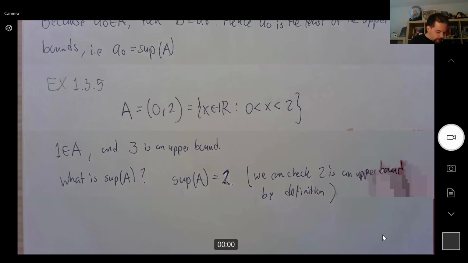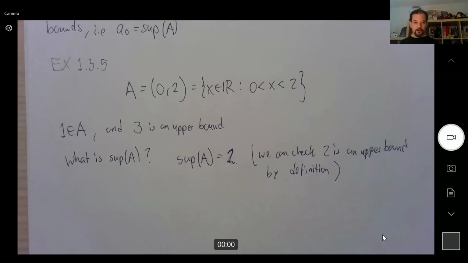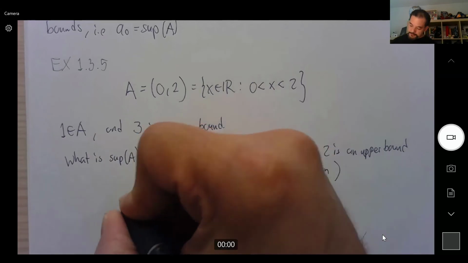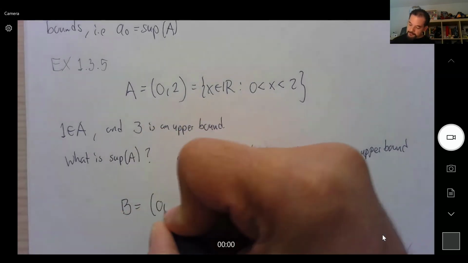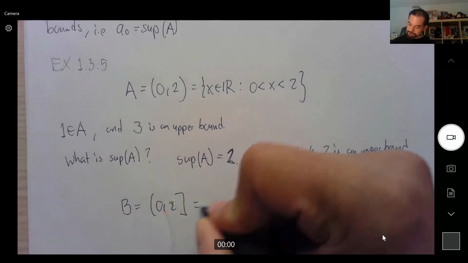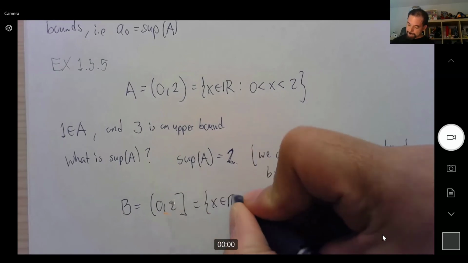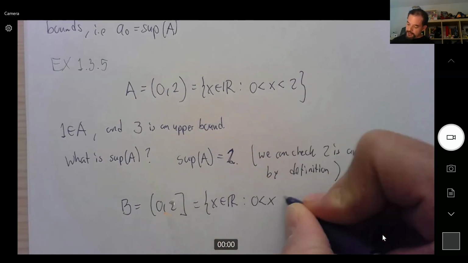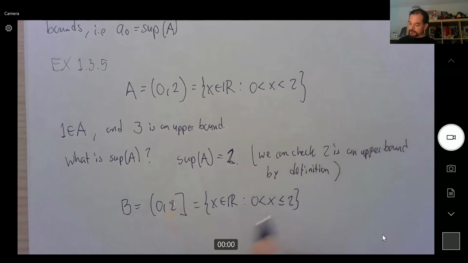It's called a lemma in the book. And using that lemma is going to make it quite easy to check this. So we're going to come back to that. For now, it's an incomplete exercise. But let's consider now this other, very similar set.